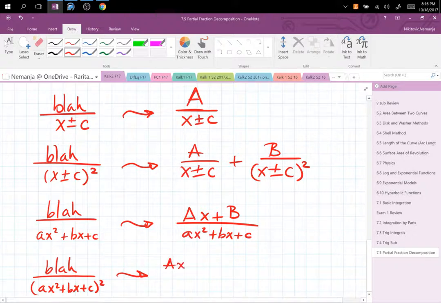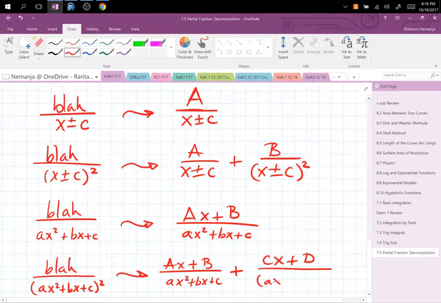So Ax plus B over ax squared plus bx plus c, plus Cx plus D divided by parenthesis ax squared plus bx plus c, everything squared. Gotta memorize these 4 cases.